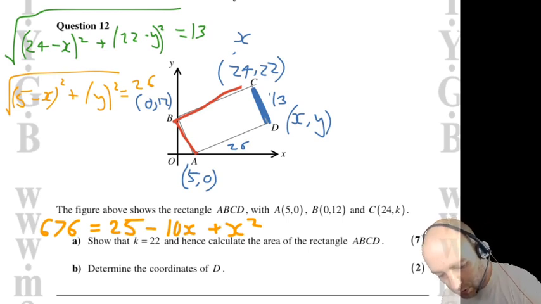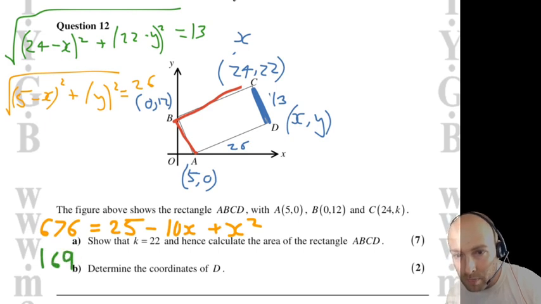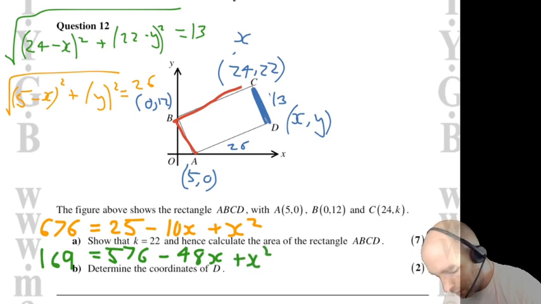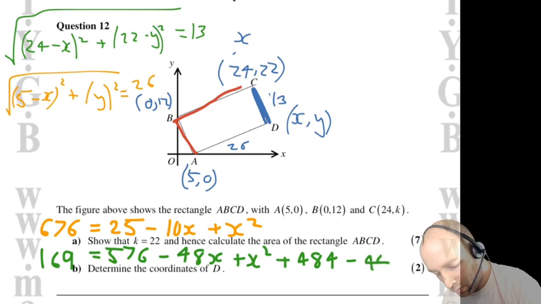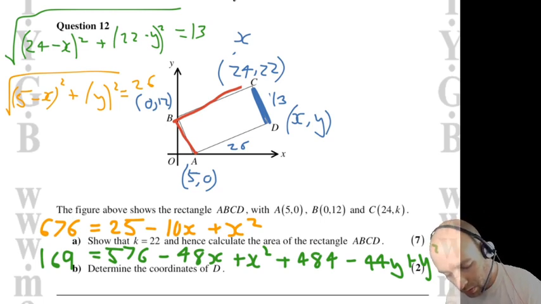The green one, we get 13 squared, 169, is, oh, that's going to be horrible to expand. 24 squared, 576, minus 48x plus x squared plus 484 minus 44y plus y squared. I left out y, didn't I? Plus y squared in that one.